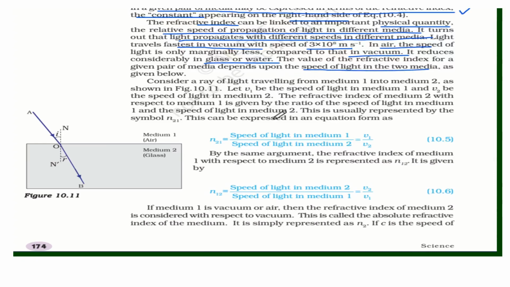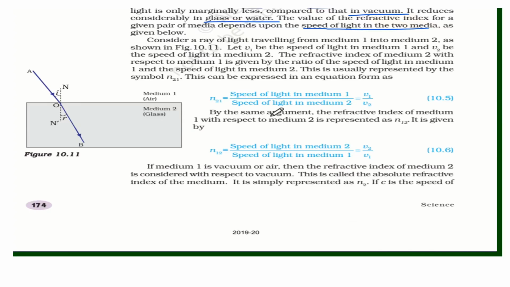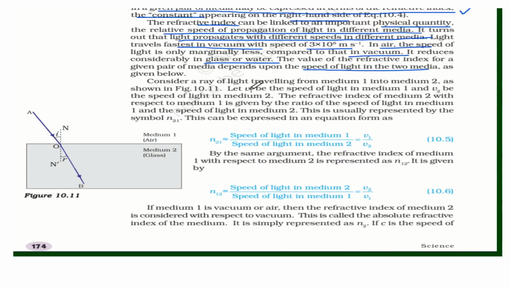Now suppose that light is traveling from medium 1 into medium 2. This is medium 1 and this is medium 2. Let v1 be the speed of light in medium 1 and v2 be the speed of light in medium 2.